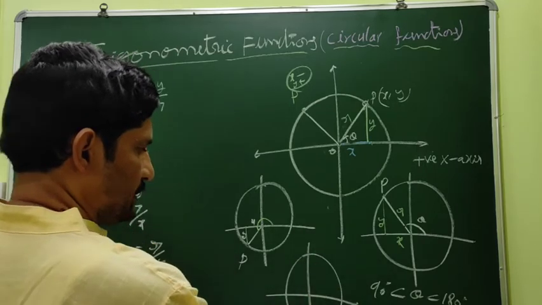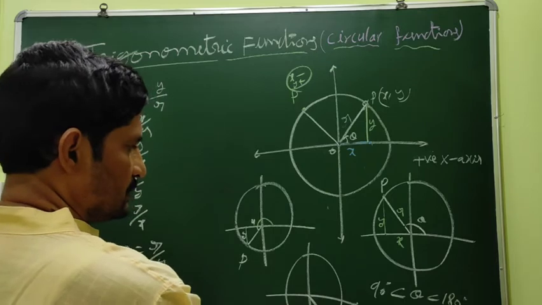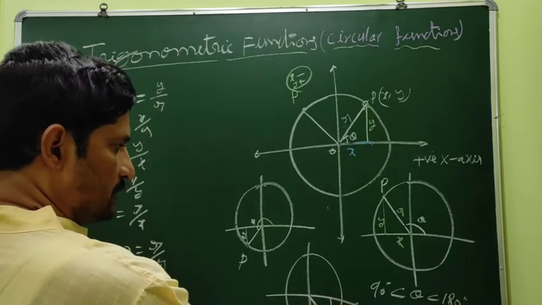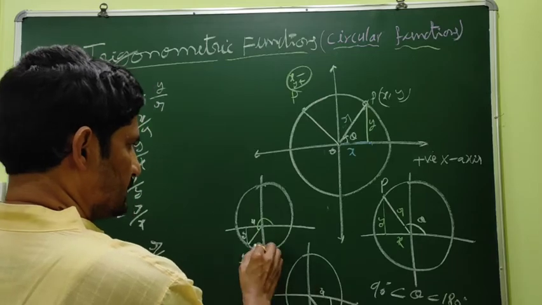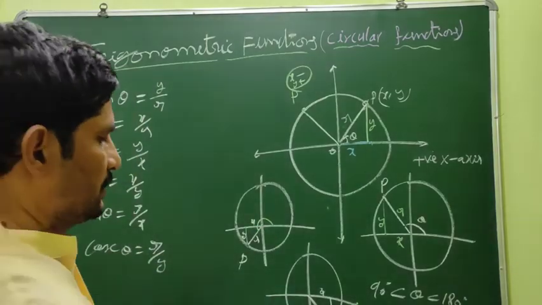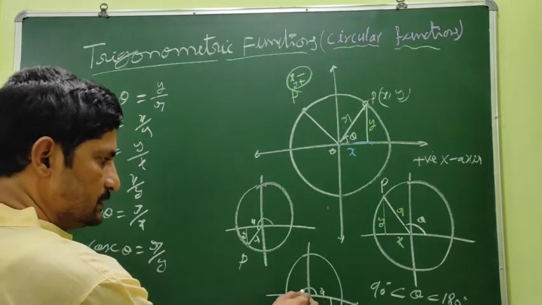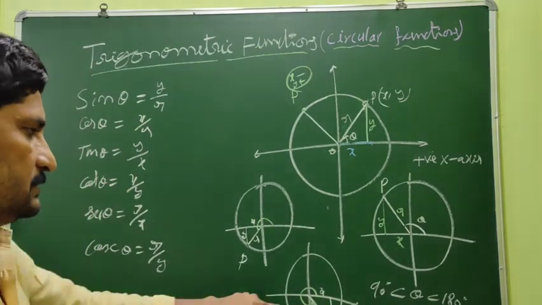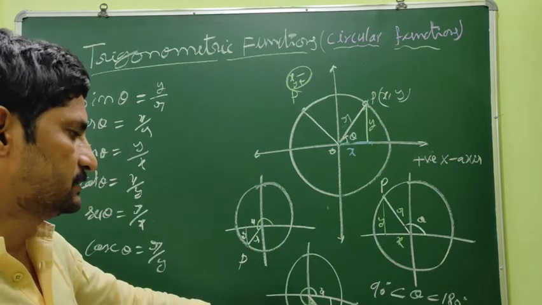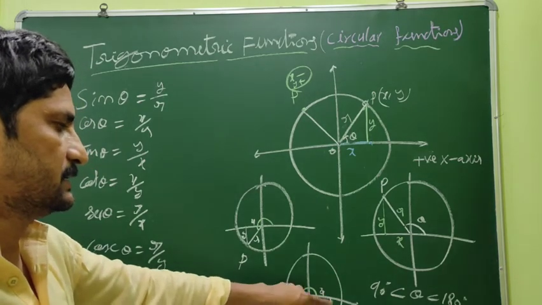Here the point P, join. Now it is x, it is y, it is r. Now what is the angle? Angle is this. This is more than 270, less than 360.